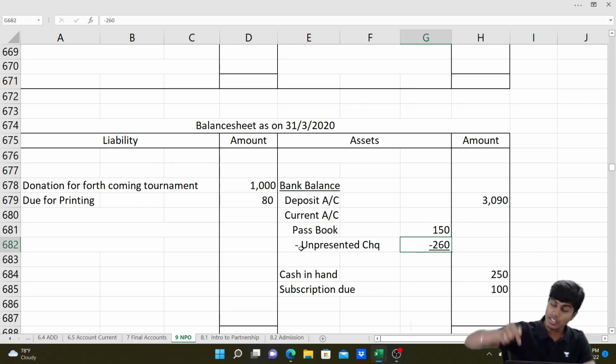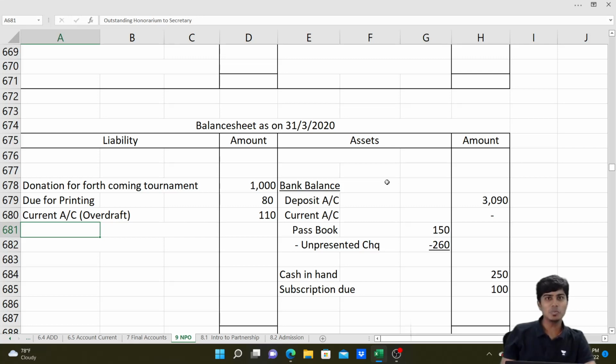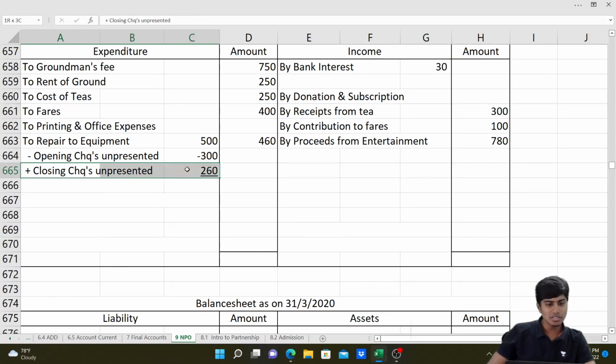In the cash book, there would be a payment entry for this 260, so we should deduct. But the problem now is, when I deduct 260 from 150, you will get minus 110. You cannot write minus 110 on the asset side. So what do we do? I'll write it on the liability side, 110. What would this be? Bank overdraft. Current account, there is an overdraft balance. Get that? So we adjusted this 260.